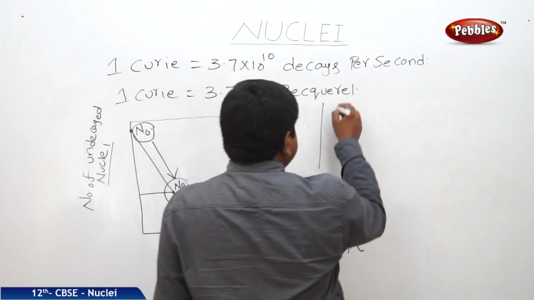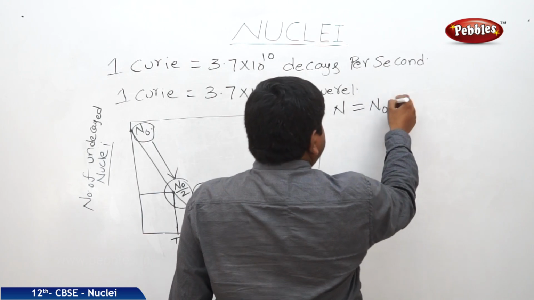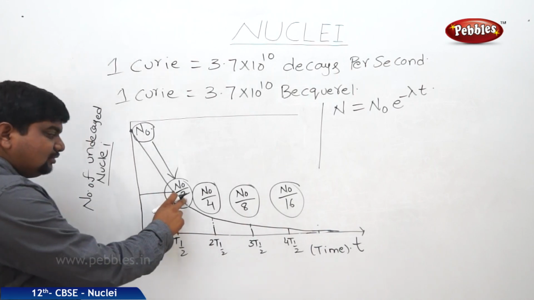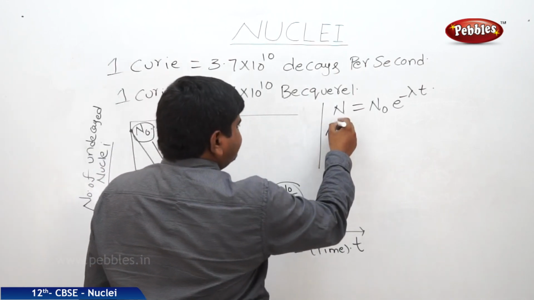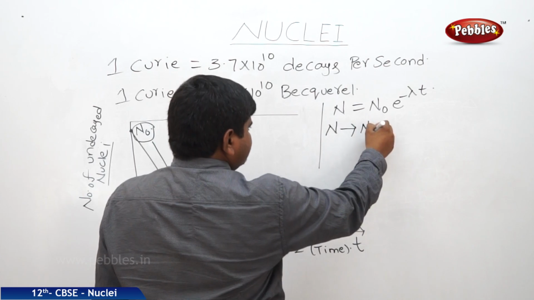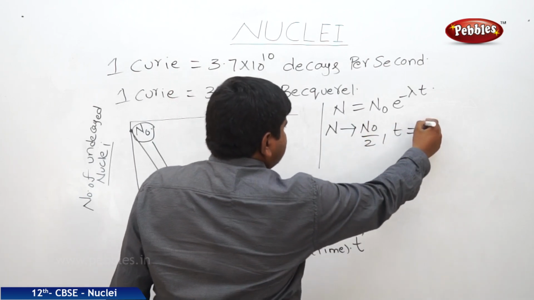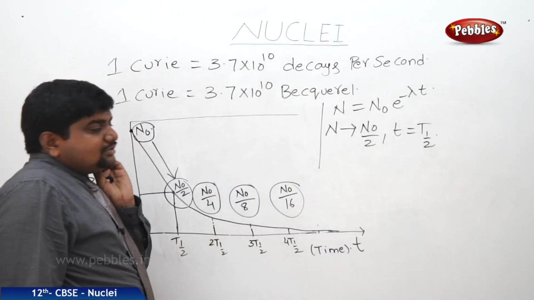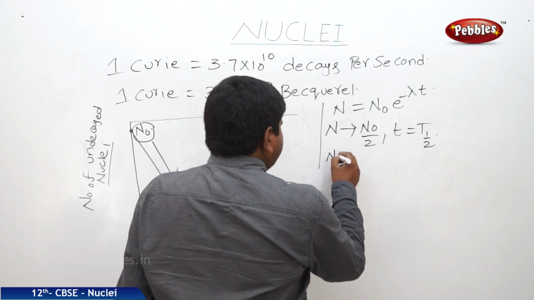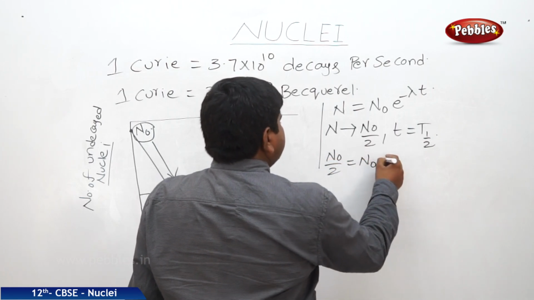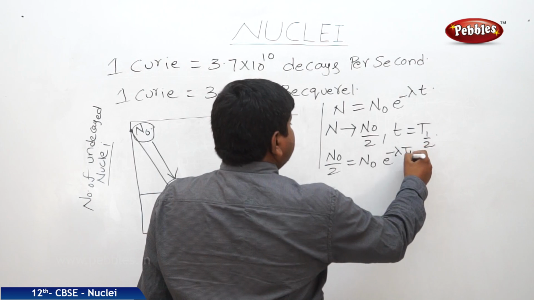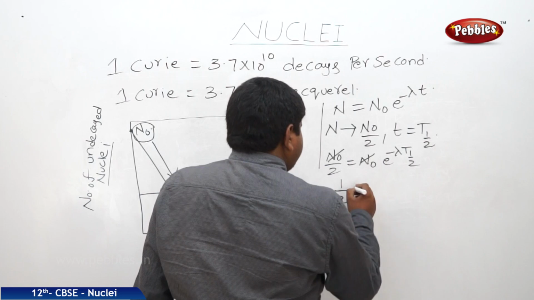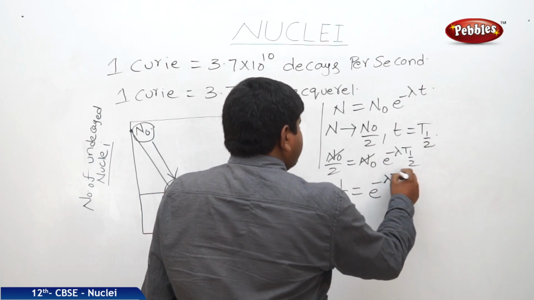How will you get the half-life? We have the equation N is equal to N0 into e power minus lambda t. For half-life, N is equal to N0 by 2 and t is equal to t half. If you substitute these two values, the equation becomes N0 by 2 is equal to N0 into e power minus lambda t half. N0 and N0 get cancelled. 1 by 2 is equal to e power minus lambda t half.